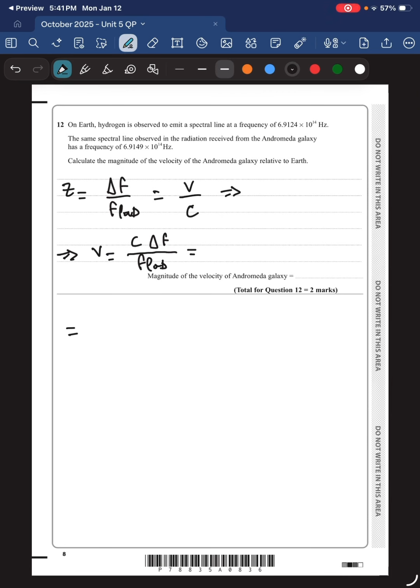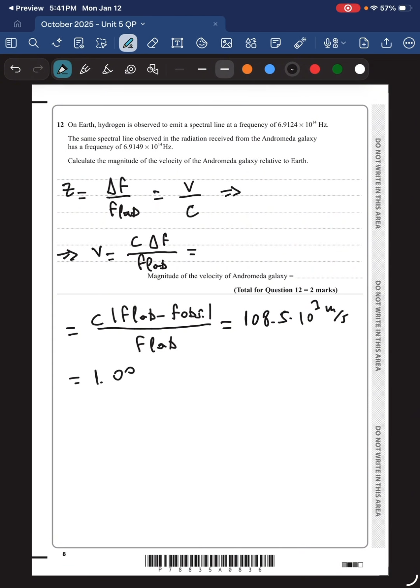As I said, we are interested only in the magnitude, so I actually did the calculation: c times (f in the lab minus f observed) over f in the lab. That gives you 108.5 times 10 to the third meters per second, or 1.09 times 10 to the 5 meters per second.